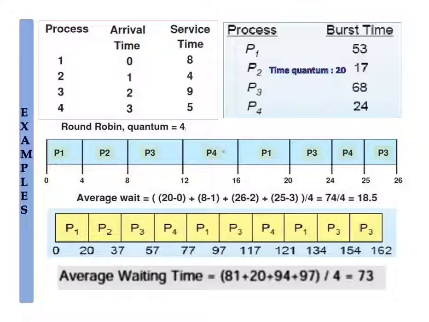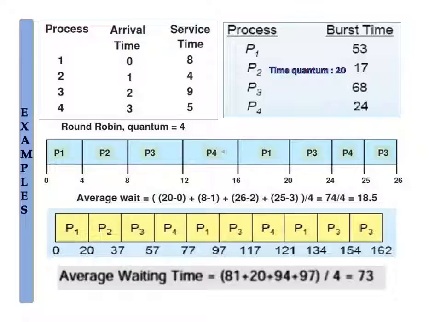These belong to P2, process 2, which is given only one time, so P2 is 8 minus 1, then plus 26 for P3.